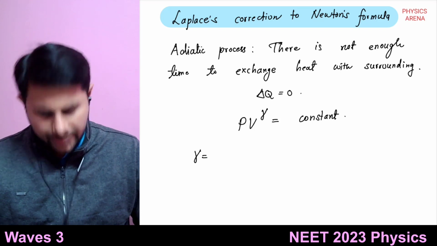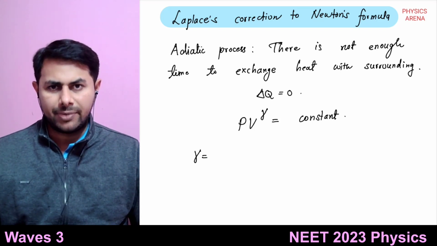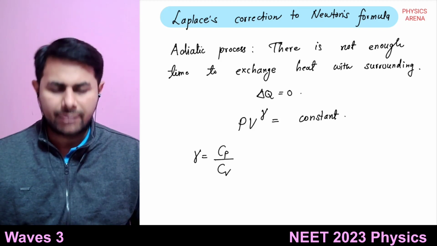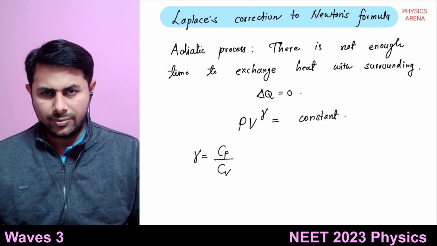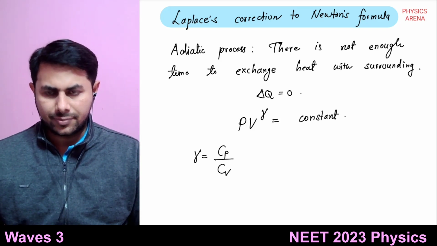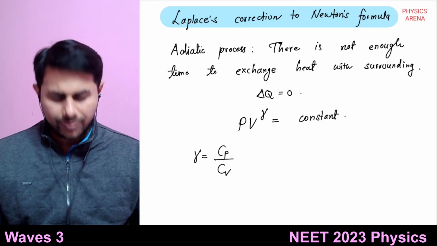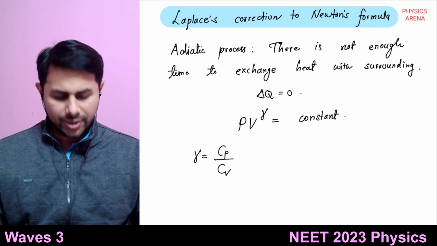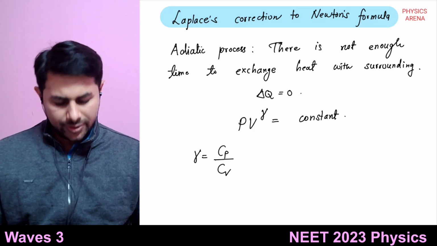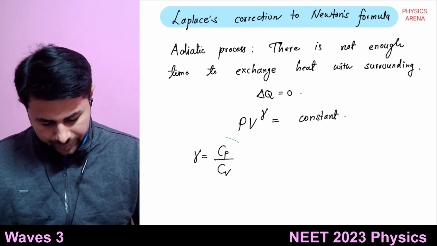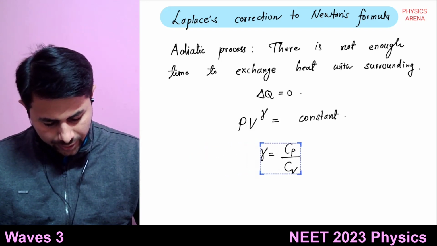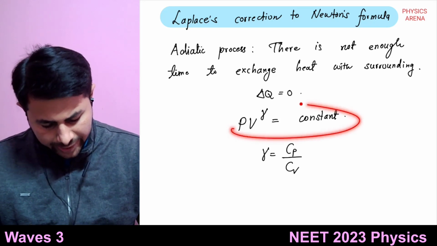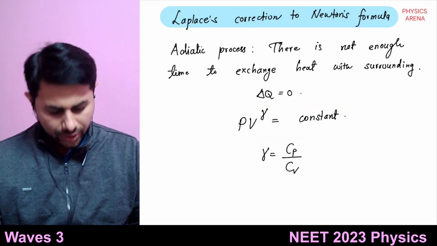Gamma is the ratio of the specific heat capacity of a medium at constant pressure to the specific heat capacity at constant volume. So in case of an adiabatic process, PV raised to gamma remains constant.